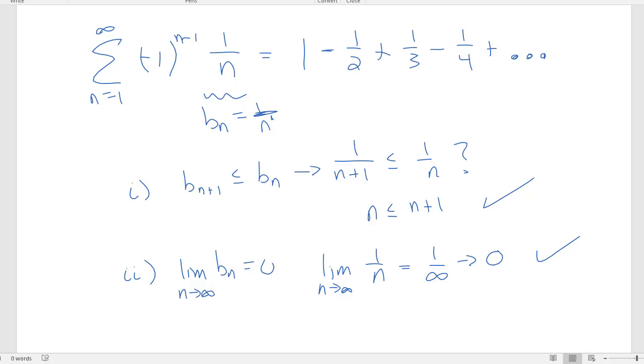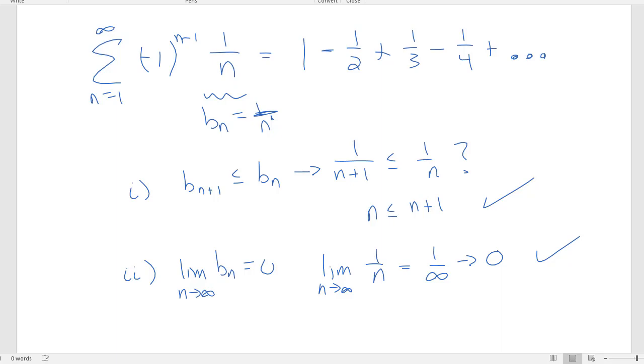So what's really interesting here is that the non-alternating 1 over n is a divergent p-series, but the 1 over n as it alternates is actually convergent. So when we throw the alternating term on in this scenario, it creates a convergent series.